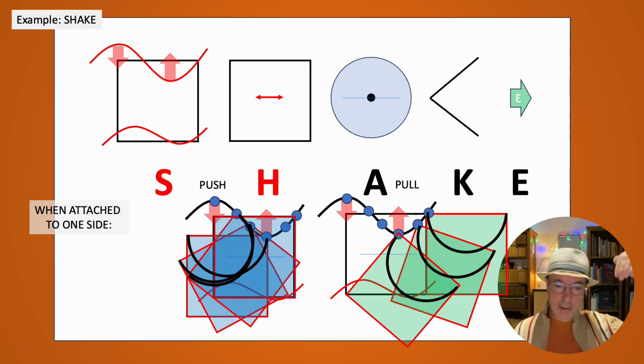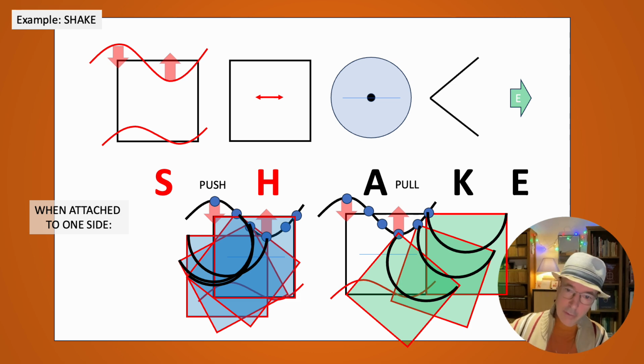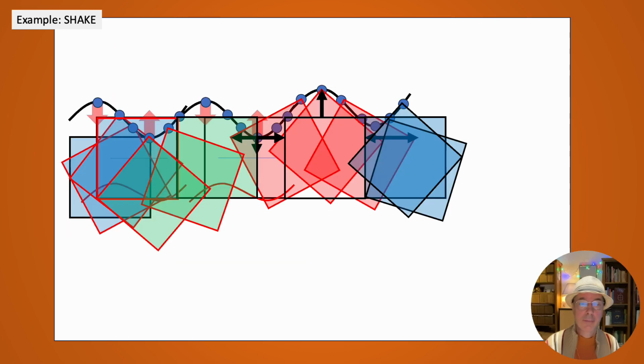I do a push, it goes sideways, and when the S turns, it will be a pull, so it will be pushed and then pulled forward. That's what happens with this frame.